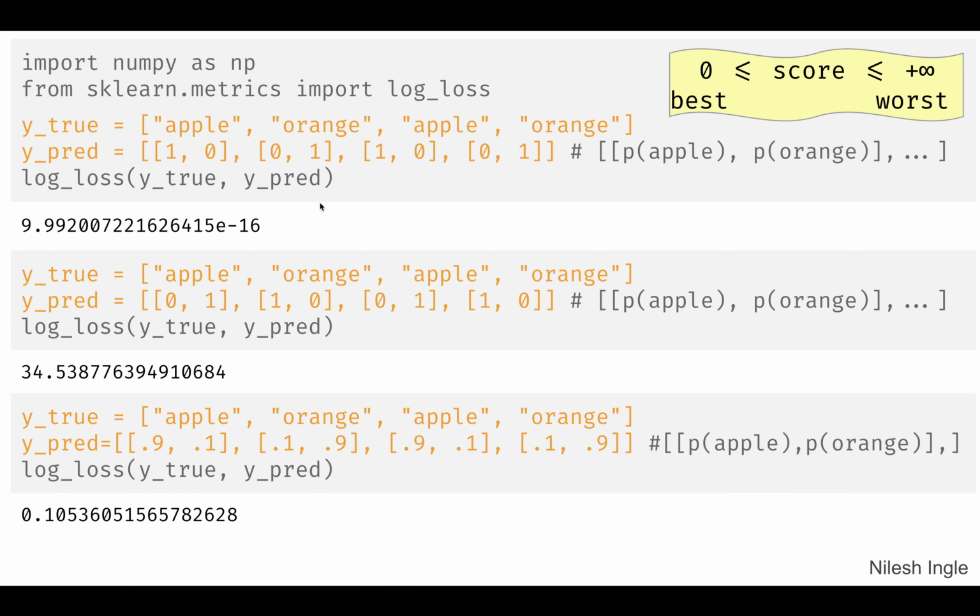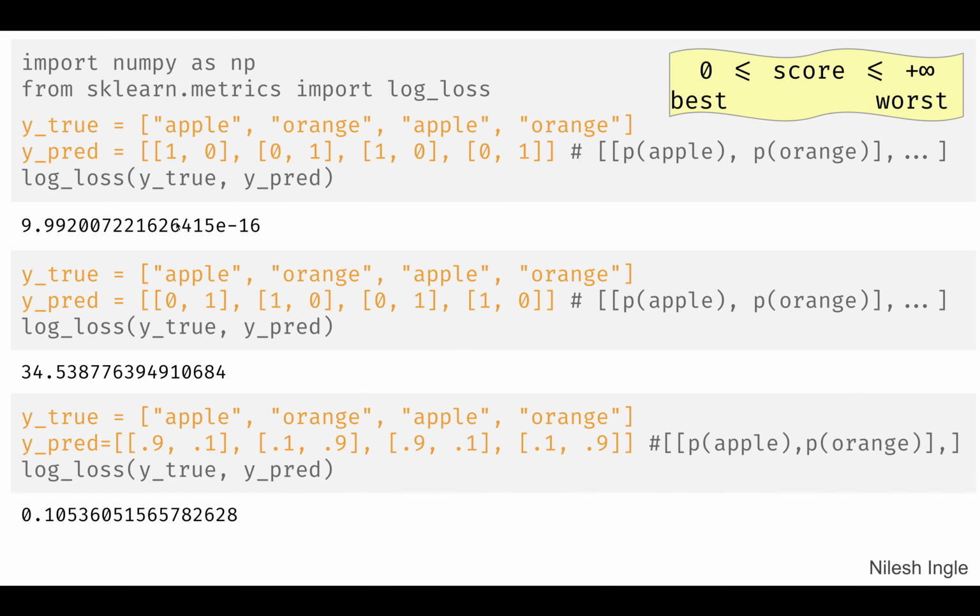And here is the implementation of log loss. We have these two values, y true and y pred. So y pred is showing the probability for it to be an apple and not an apple, and again the same case for all of these.